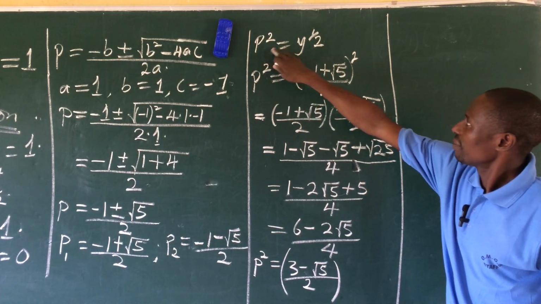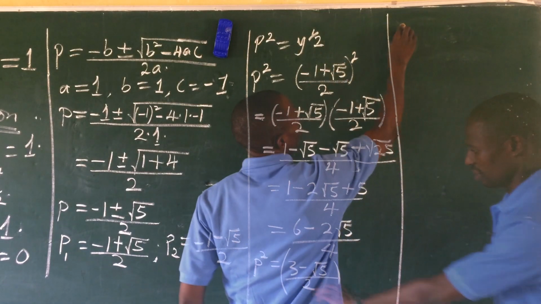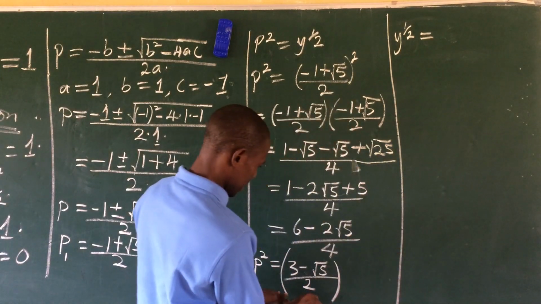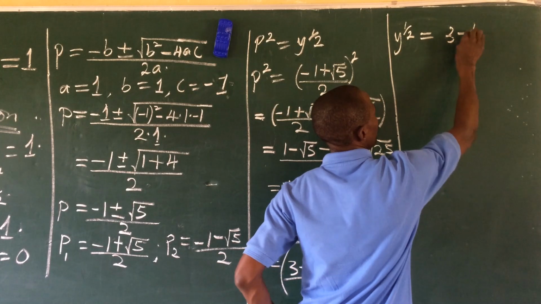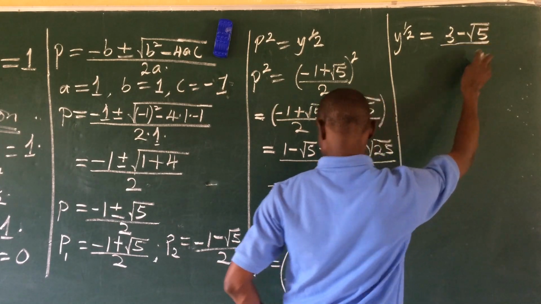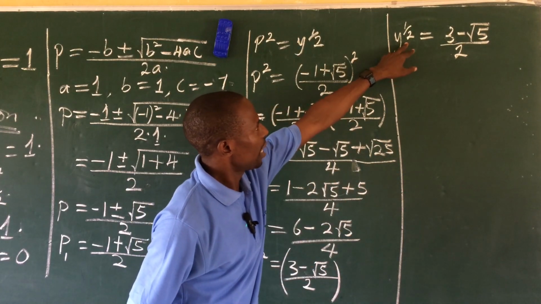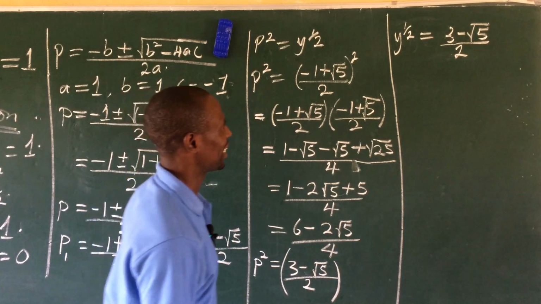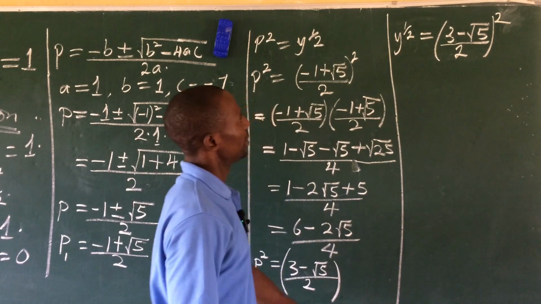Now look at our expression here. For us to get our y, what do we do? We square both sides. We now have y to the power of 1 over 2 equal to this value, (3 - √5) all over 2. For us to get our y, we have to take the square of both sides again. So let's square this and square this.